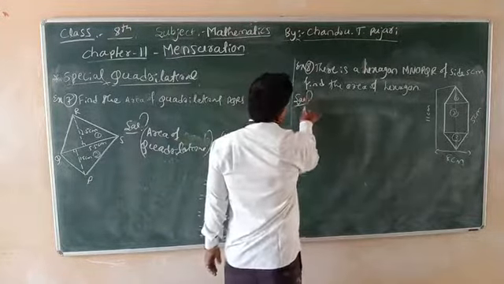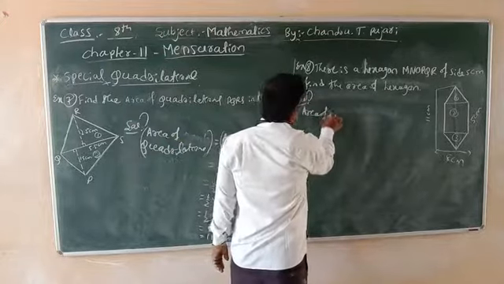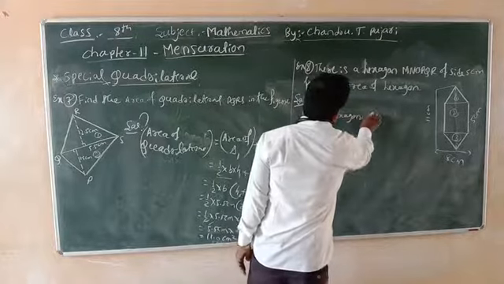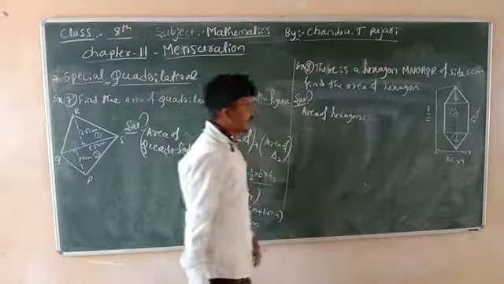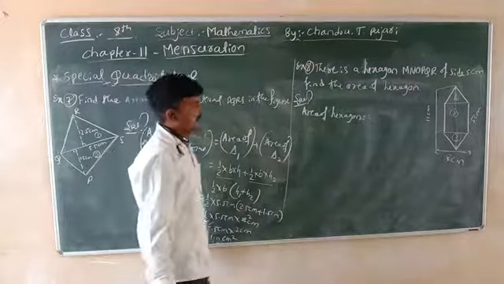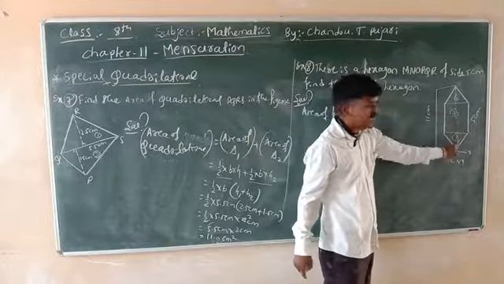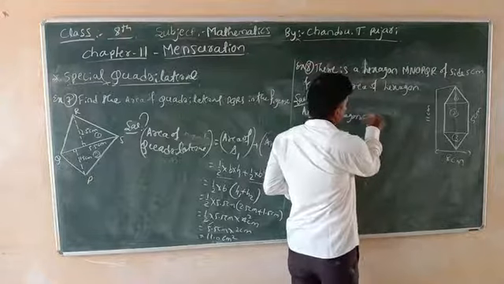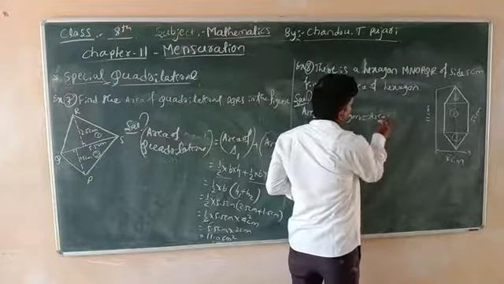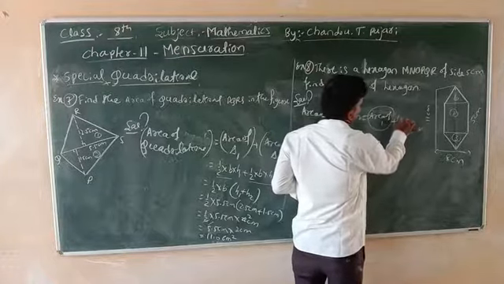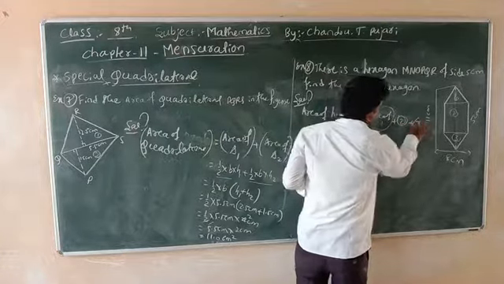Solution: area of hexagon is equal to area of 1 plus area of 2 plus area of 3.